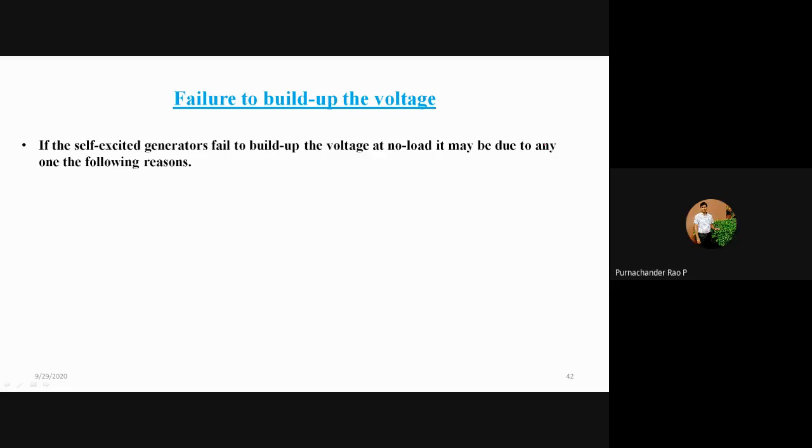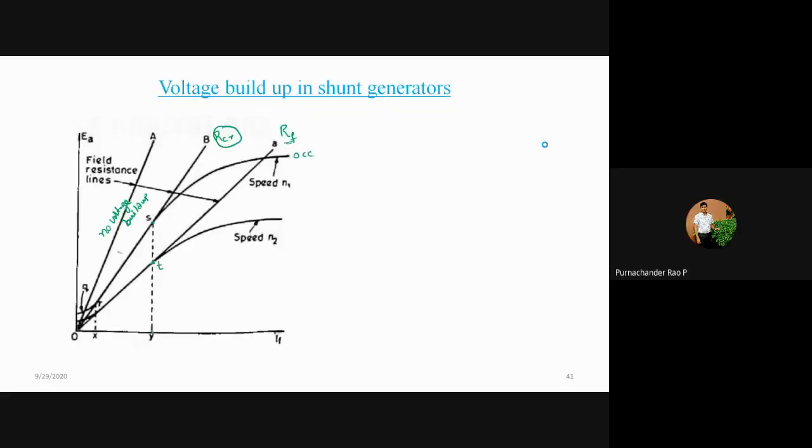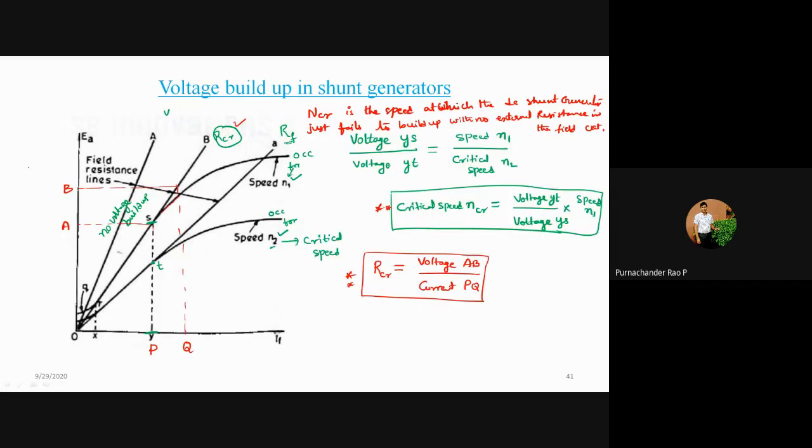Just you have seen here, this point. So first of all, when there is a residual flux present in the field poles, then it will produce some residual voltage.